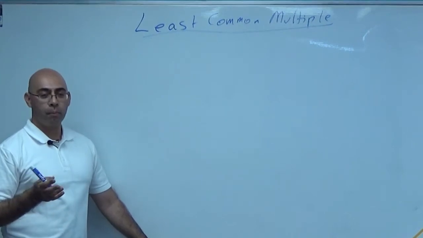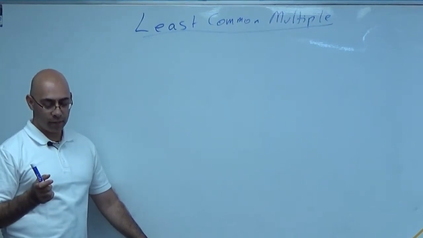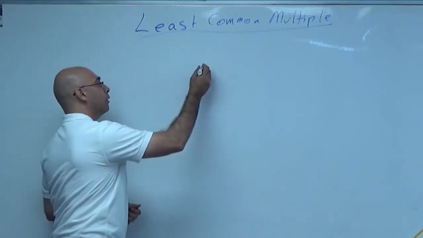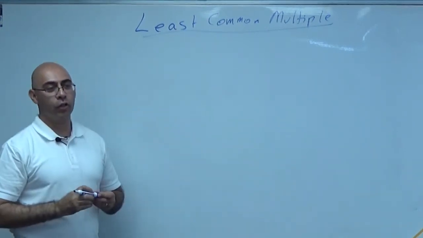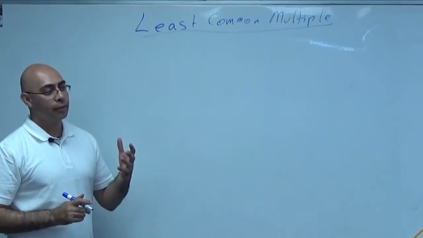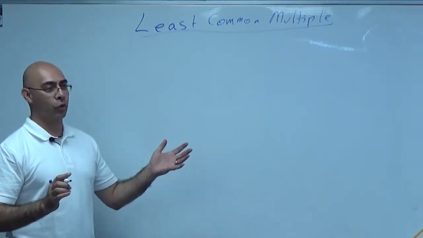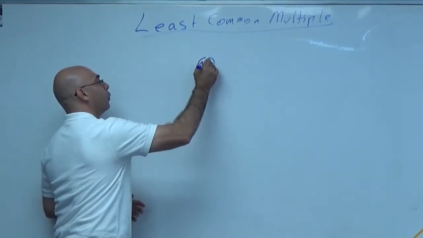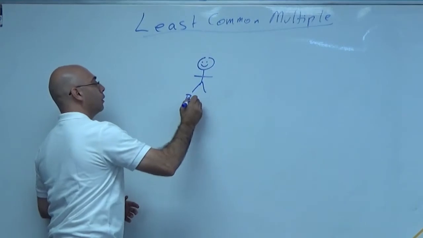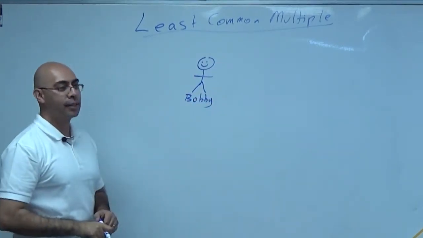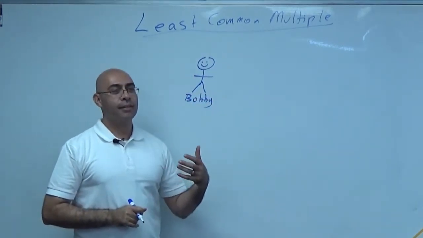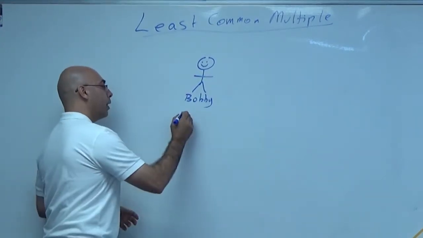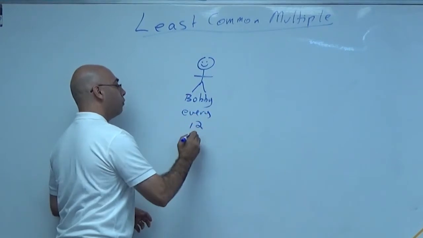Say, for example, here's an example of when you could use these least common multiples. You're all in junior high, so you all love stories. So imagine you've got Bobby TrueBlue. Very nice guy. Say that he's a delivery man, and he makes deliveries at a certain spot every 12 days.